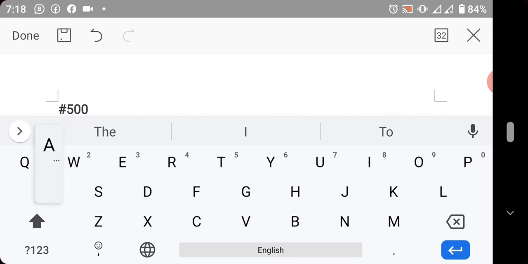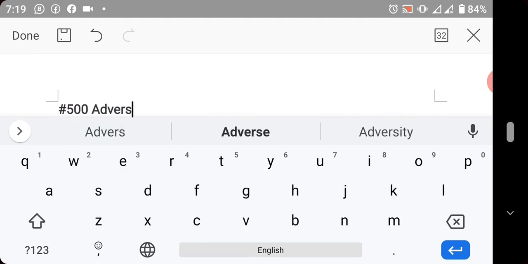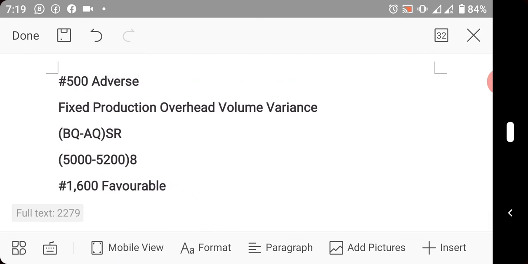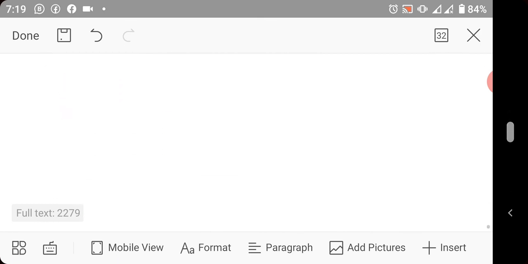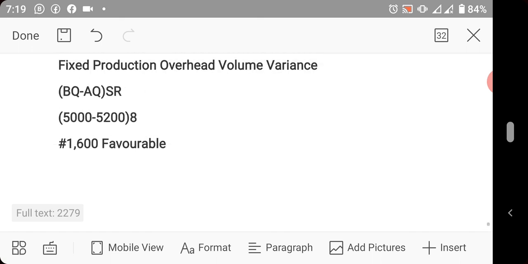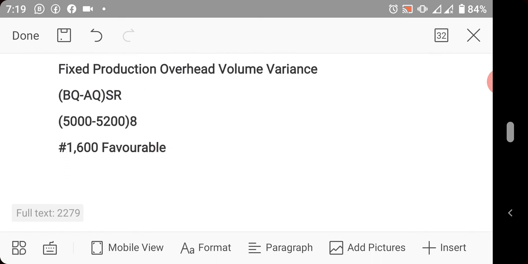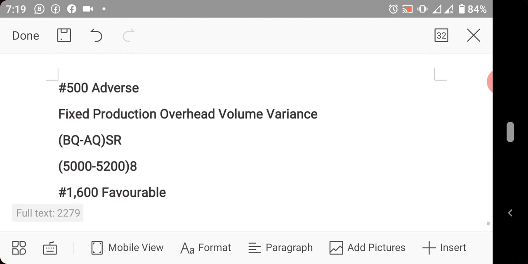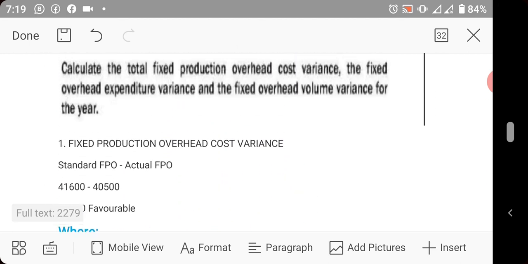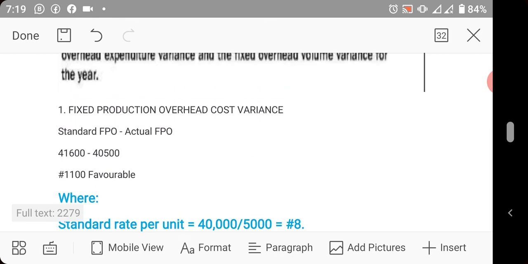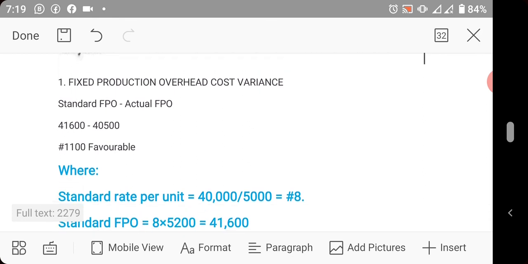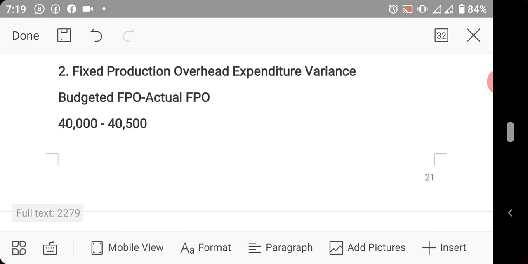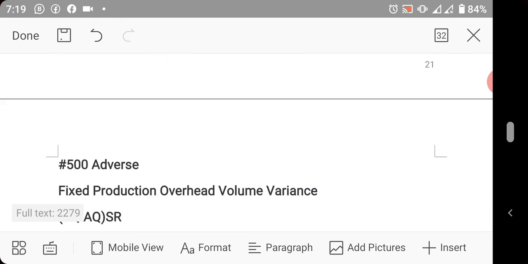Since it is adverse, if you add minus 500 plus 1,600, it gives you plus 1,100, which is equal to the fixed overhead cost variance, and both of them must give you equal value. So as I said, this is adverse. However, we will soon take a more comprehensive ICAN question or ACCA question or CIMA question to buttress our point.